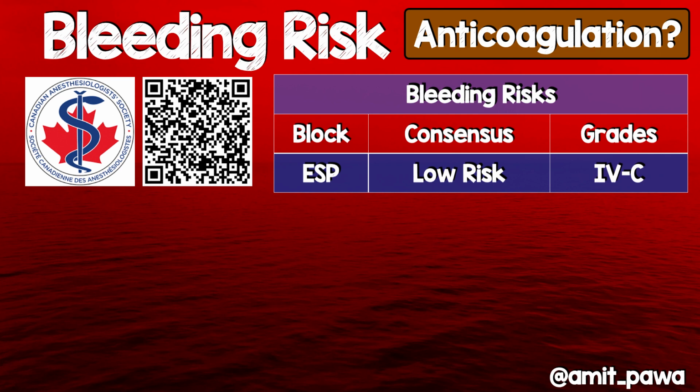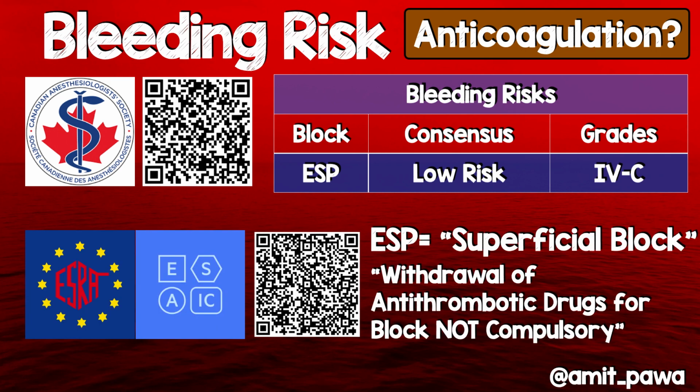The first is from the Canadian Anaesthesiologist Society, who took a large group of experts, looked at a whole group of blocks, and they considered that the erector spinae plane block was low risk when it came to bleeding in the context of anticoagulation. And then ESRA and the European Society of Anaesthesia and Intensive Care came up with some really extensive guidelines. They classified the ESP block as a superficial block and said for superficial blocks, withdrawal of antithrombotic drugs for the block is not compulsory.